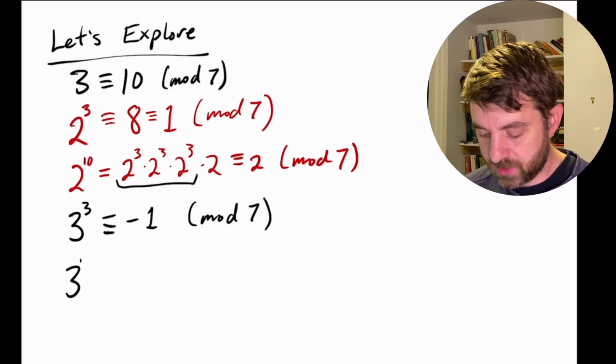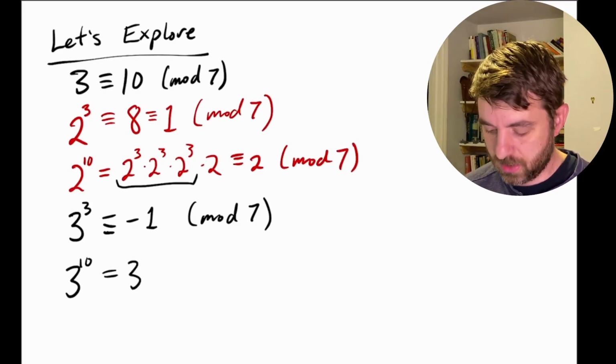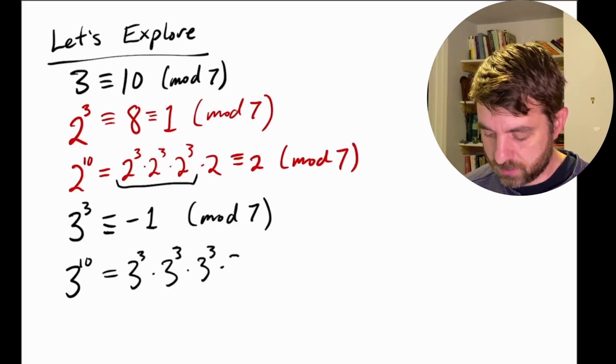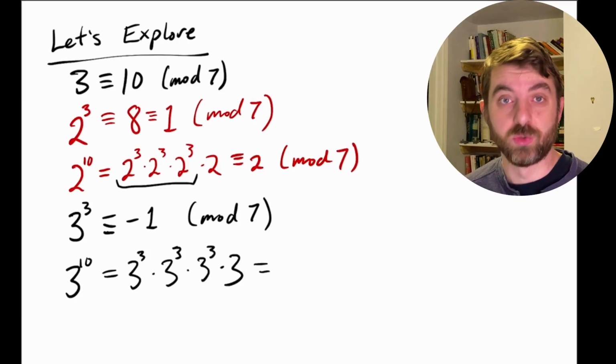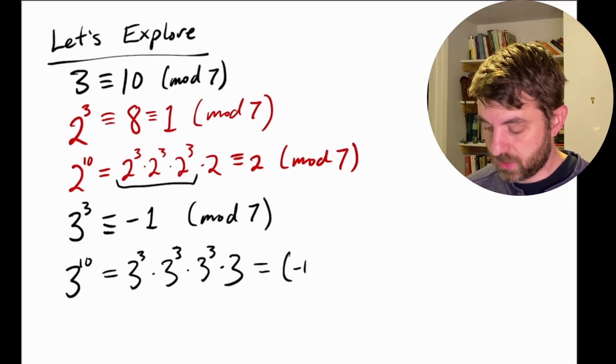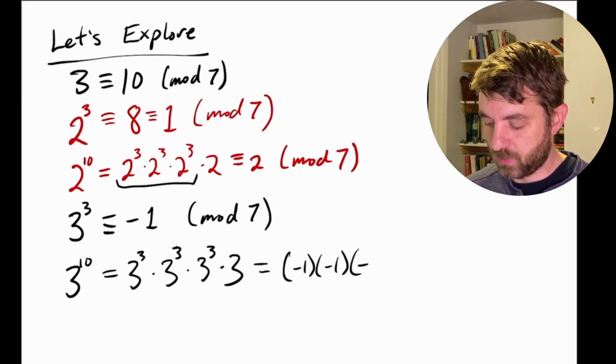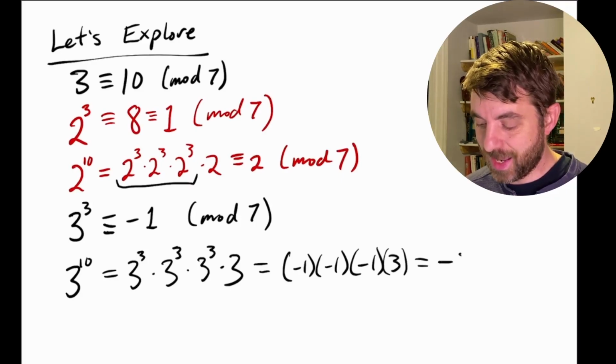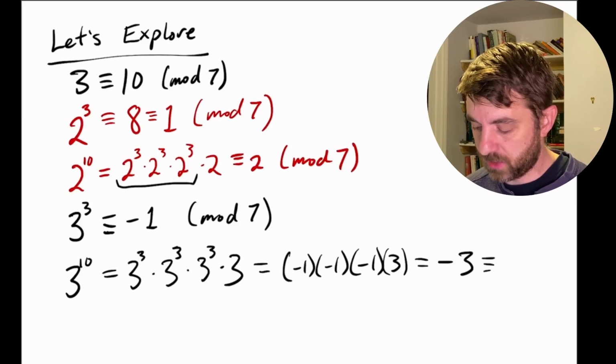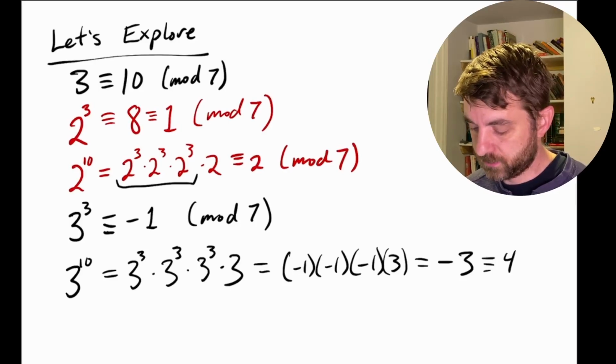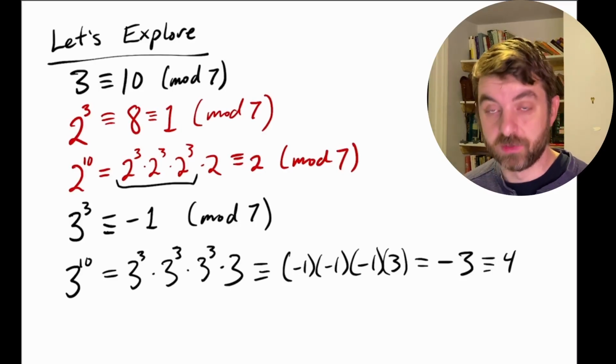And so 3 to the 10th, I can play this same game. It's 3 cubed times 3 cubed times 3 cubed times 3. So this is equal to -1 times -1 times -1 times 3, which will be -3, or if you like, you can think of this as 4 mod 7.